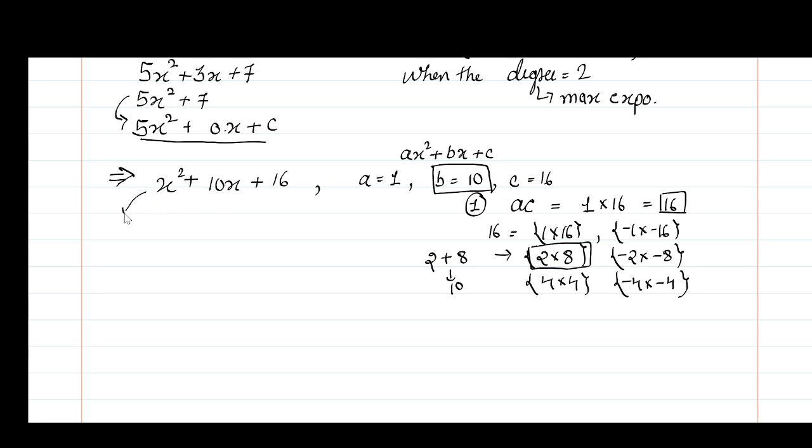X square, write down x square as it is. Write down 16 as it is. And the middle term, that is 10x, we will write 10x as 2x plus 8x. Remember these two numbers, 2 and 8. So you will write 10x as plus 2x plus 8x.